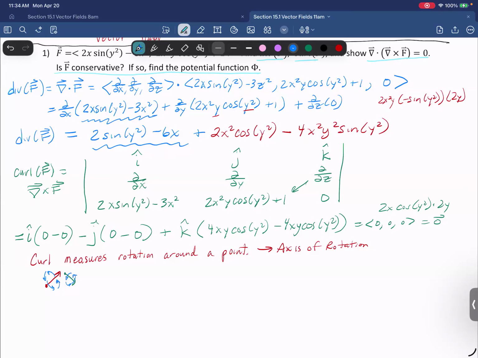And so when the curl of f is 0, it means there's no rotation, and we call this irrotational.